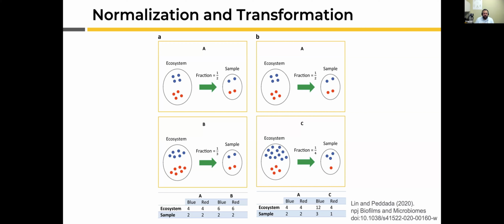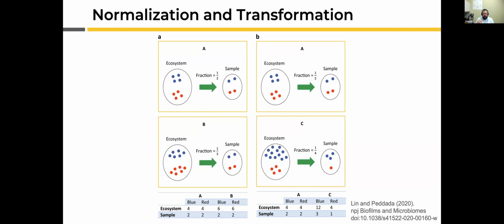But yeah, so the top group, or the blue group, in the ecosystem both have, and the bottom group both have 6. But after sampling, we have the same number of each of them from the top box to the bottom box.